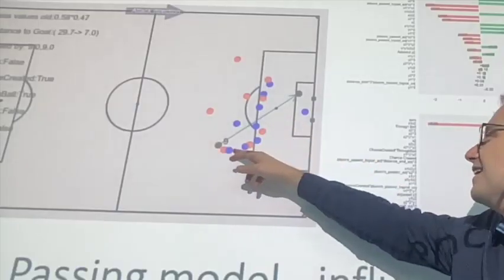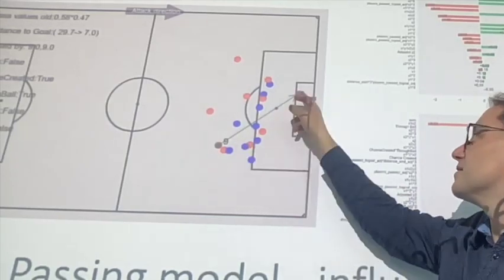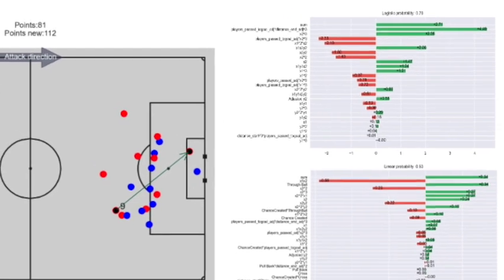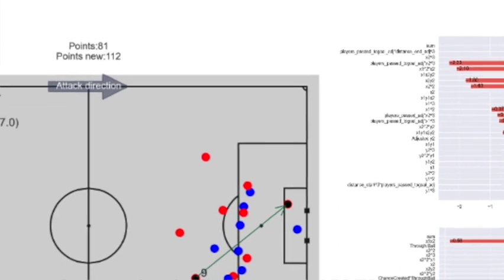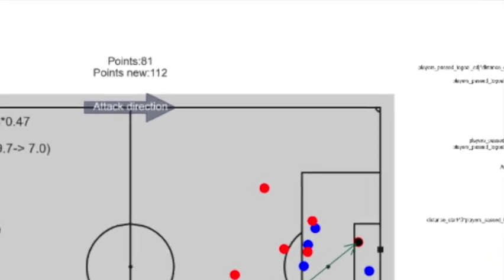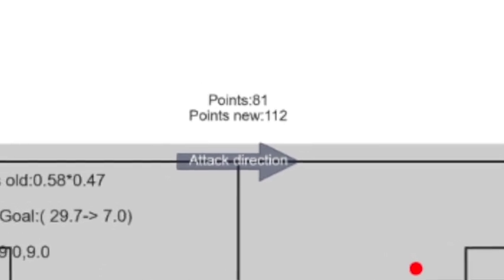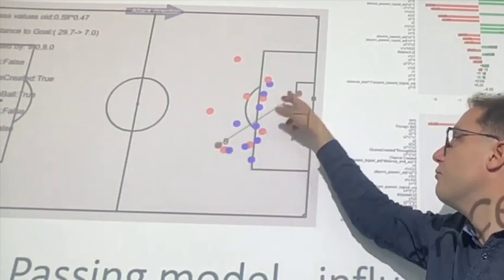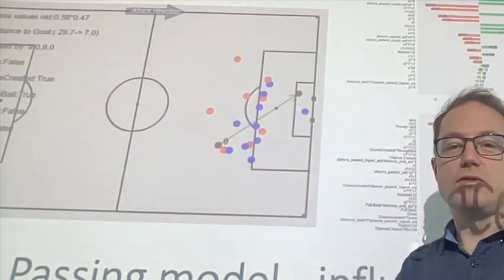Without tracking data, we give this particular pass an expected threat value of 8.1%. Once we take into account the packing that's occurred here, we give it a value of 11.2%. So this allows us to evaluate players in terms of how good they are at passing through or over players, as well as making these types of long distance passes.